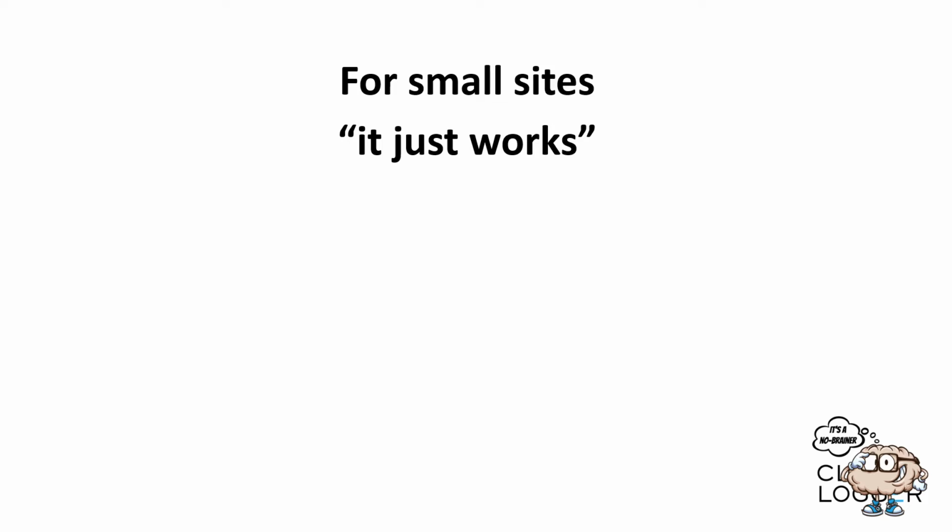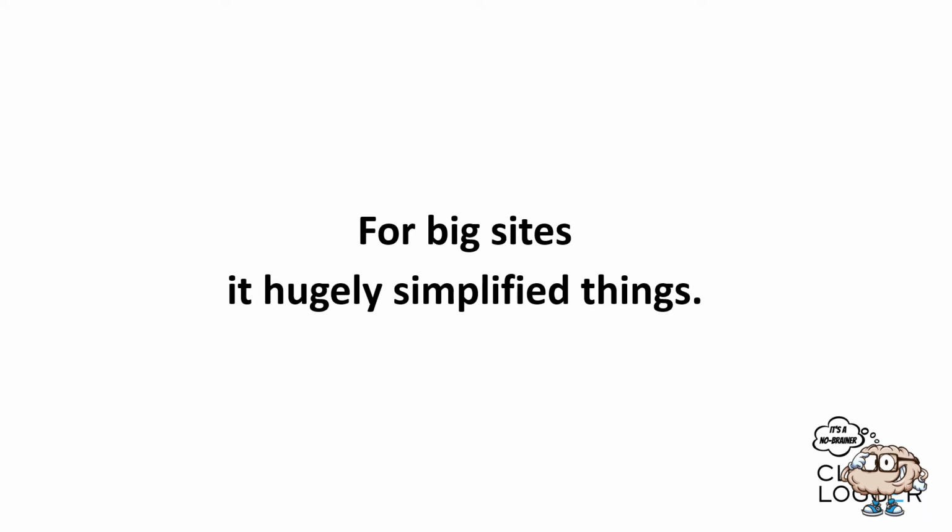What I need to stress is that for small sites, it just works. It's largely behind the scenes, and you don't care too much about it. But for big sites, it hugely simplified things. It allowed us to have a lot of loggers that would go to one group and a different bunch of loggers go to another group, and it made things simpler.